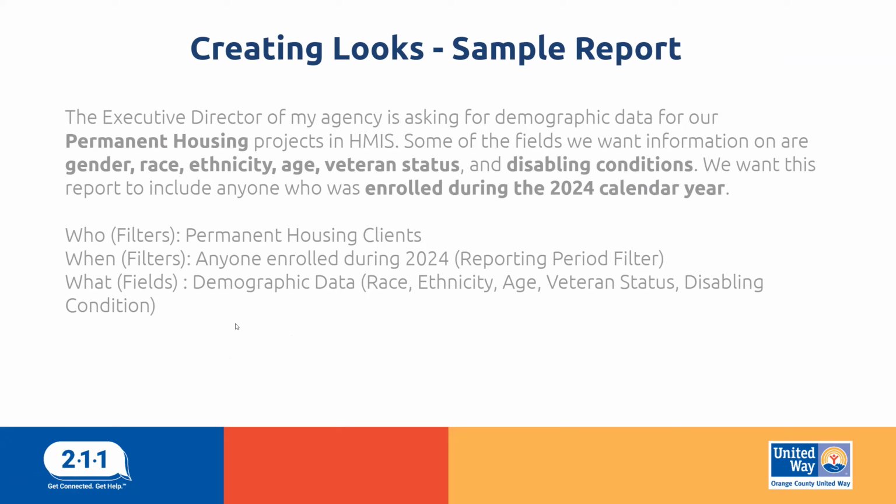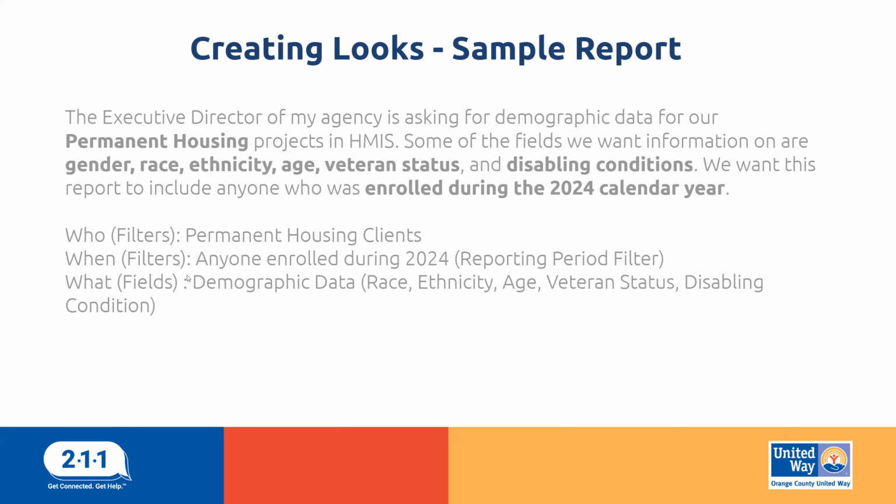So in this request, our who is going to be the permanent housing clients. That indicates that we want to make sure that we filter this report to only permanent housing clients. And so that leads us to think that we're going to have a project type filter.